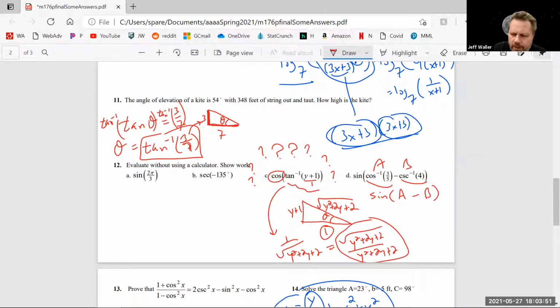Do we have some way of breaking that up? If only we had an identity. Is there an identity for the sine of the difference of two angles?